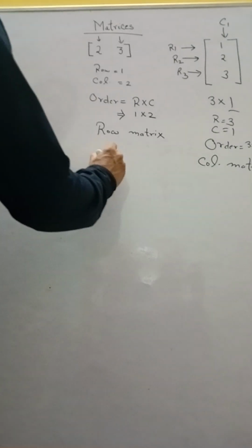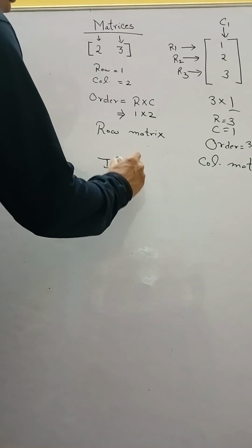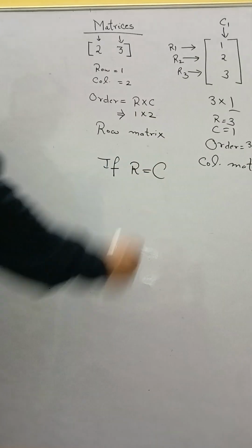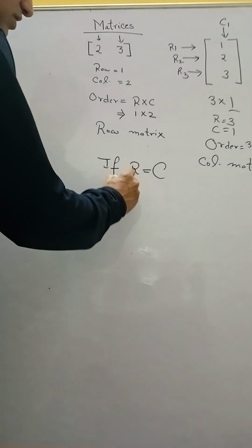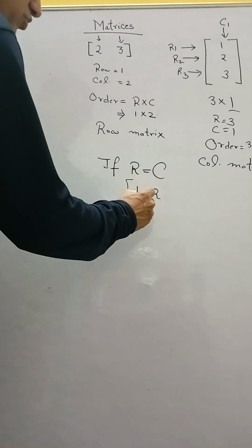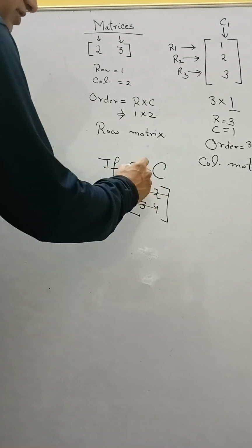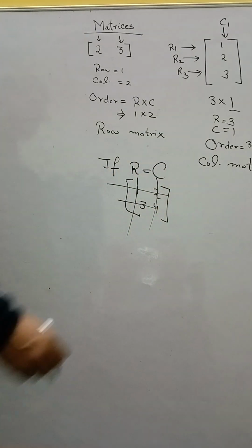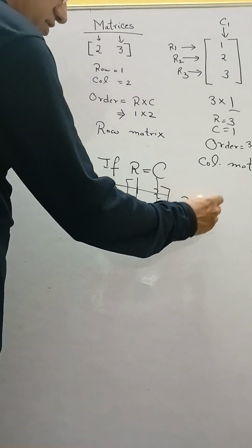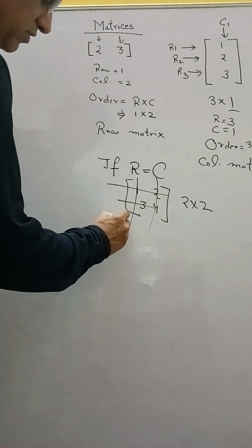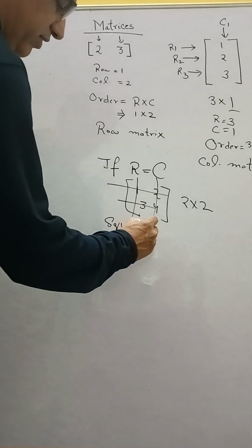Now if the number of rows is equal to the number of columns, like 1, 2, 3, 4. You have two rows, two horizontal lines and two vertical lines. So it is a 2 by 2 matrix. Such a matrix is called square matrix.